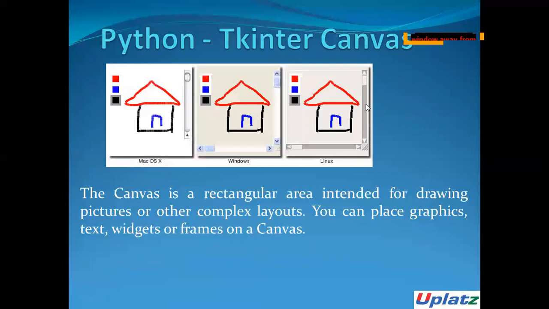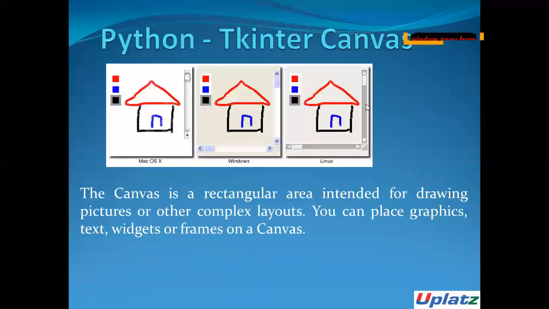okay. Then we have image, creates an image item which can be an instance of either the bitmap image or the photo image classes. Then we have line, creates a line item. Then we have an oval, creates a circle or an ellipse at the given coordinates.